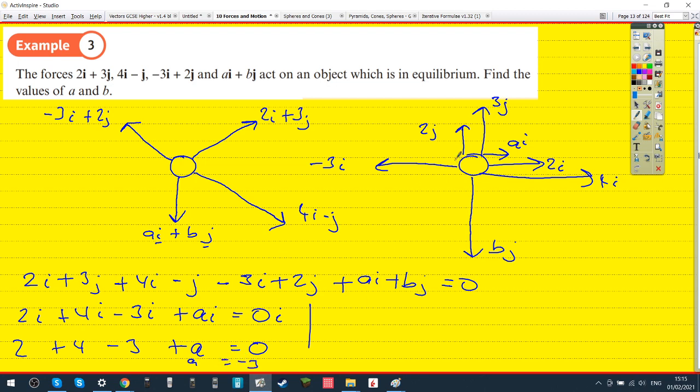How about b? And so for b, I just need to now put all the j's plus bj equals 0. Yep, and you can even do it without the j.